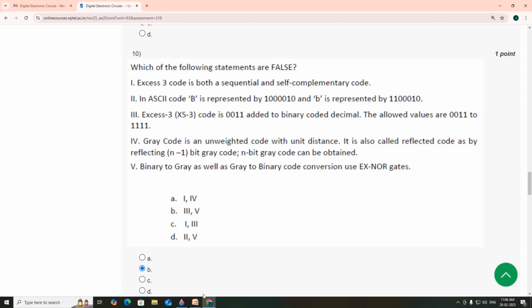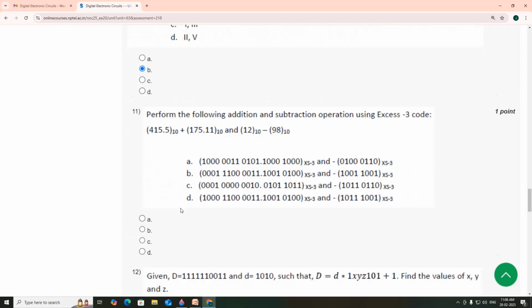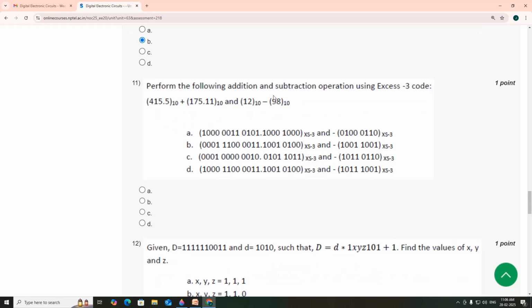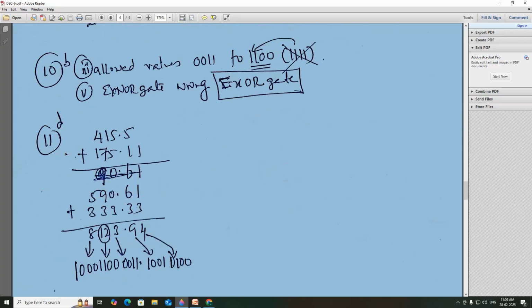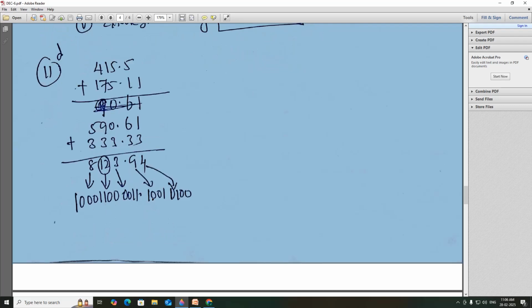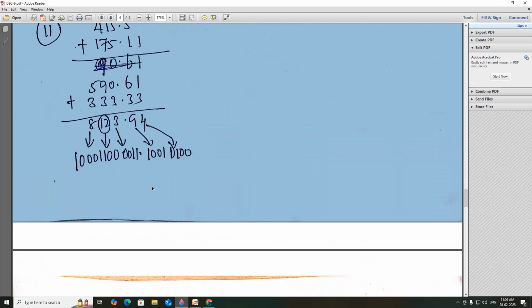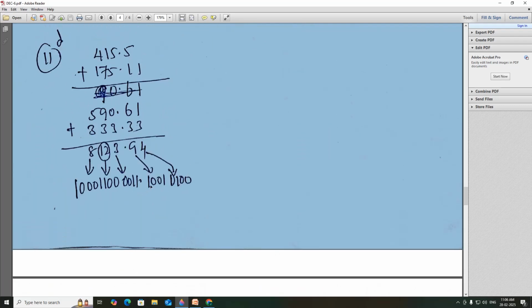Okay. Next one, the 11th one, perform the following addition and subtraction operation using XS3 code. So addition and subtraction, it is again a simple thing. I have done the addition and subtraction. You can see here, this is 9 and this is 3.